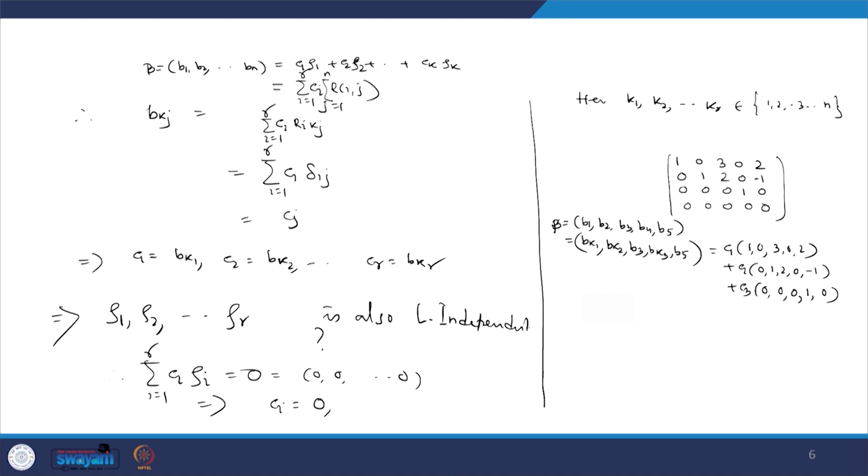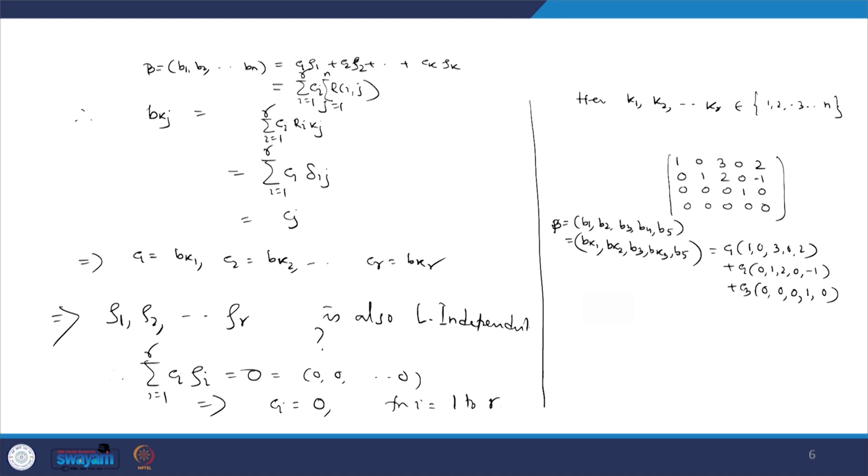This is valid for all the elements, so it is also valid for the zero element. So this implies that c_i equal to 0 for i equal to 1 to r. So this is the result.